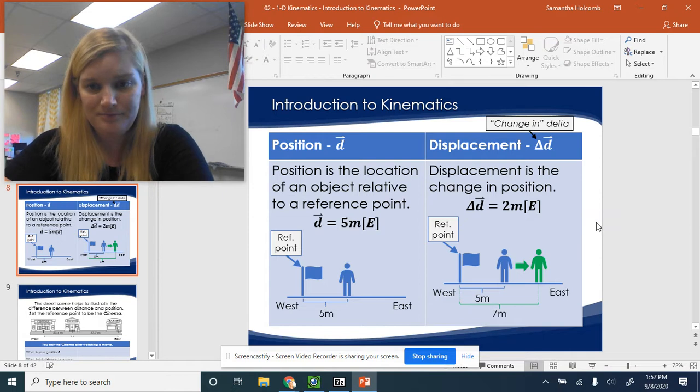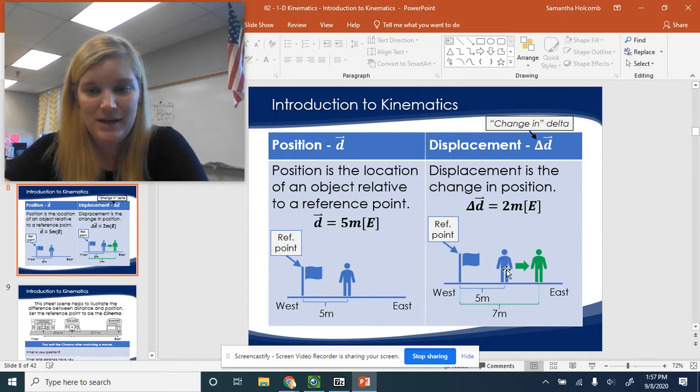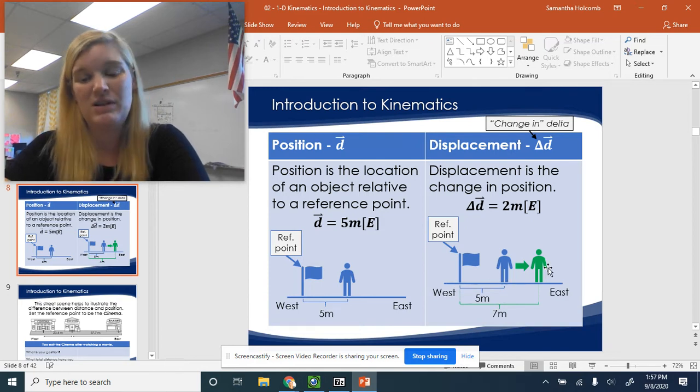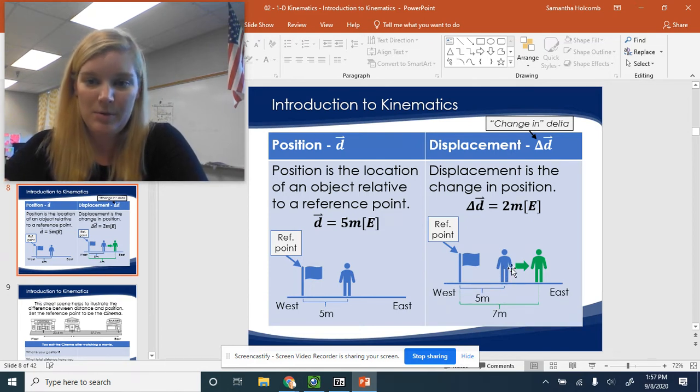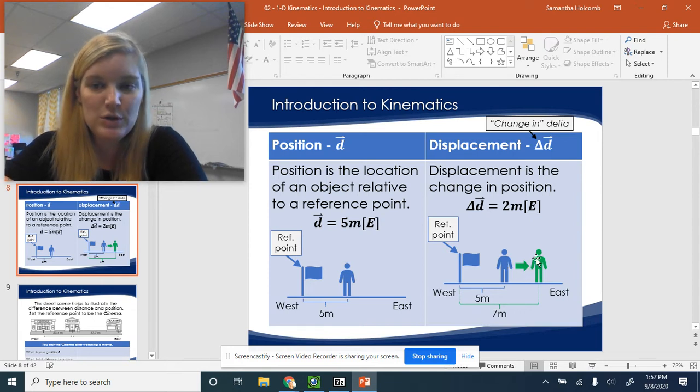In this case, we have taken our little blue person, and instead of being 5 meters east of the reference point, they're now 7 meters east of the reference point. But the person only actually moved 2 meters east. So we have our change in position, so our delta D is 2 meters to the east.